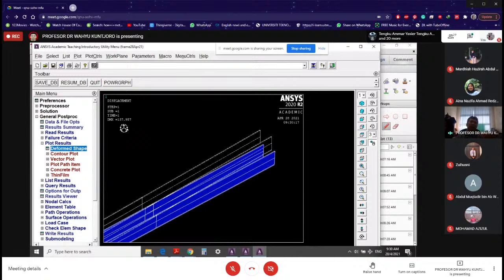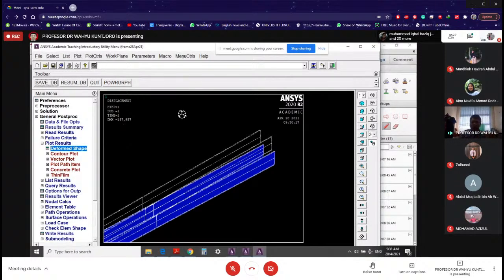So you can imagine that the length of each segment is 2 meters, and the magnitude of the displacement at the end of this structure is 13 centimeter, which is quite big. So actually, this is a bit dangerous because the displacement is rather high.